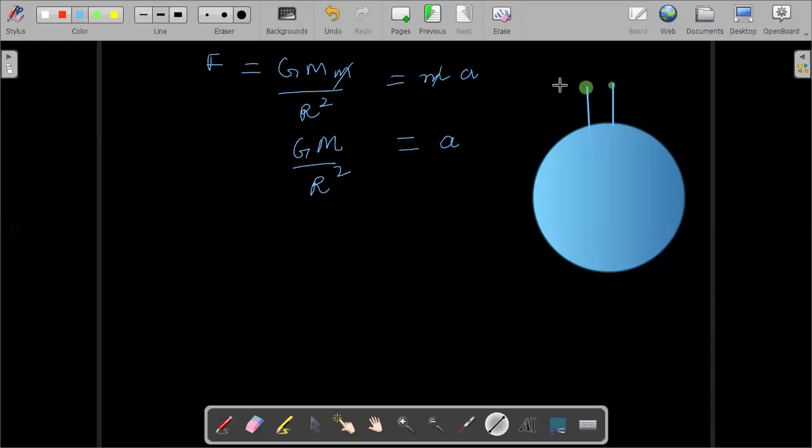Yes, Jitendra, which object will reach earlier? Jitendra? Yes. Jitendra? Yes, sir. Which object will fall earlier? Yes, sir.